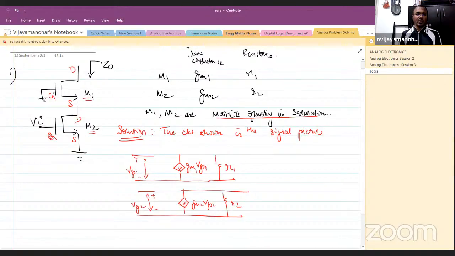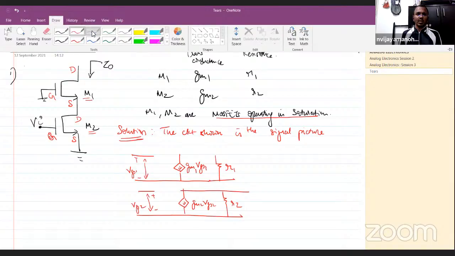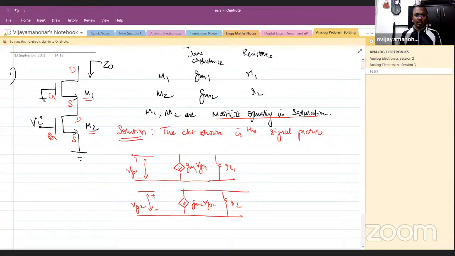Now what is happening? The gate of M1 is grounded. This is your M1. This is your M2. The gate of M1 is grounded. Then this is where you are looking in and finding the impedance.